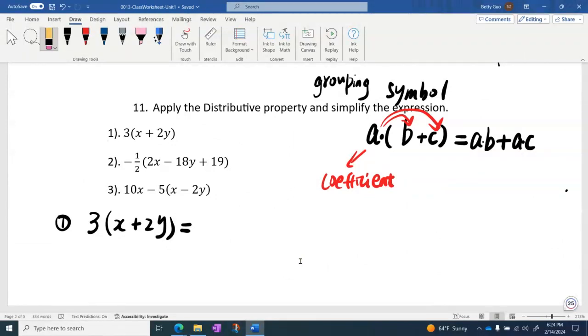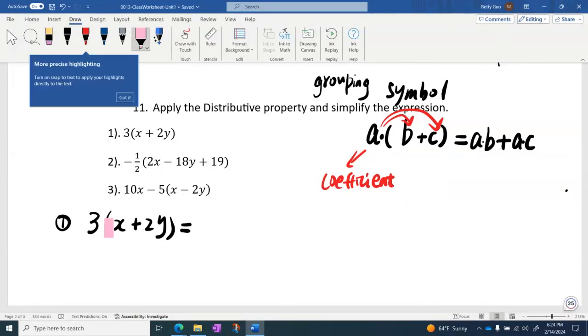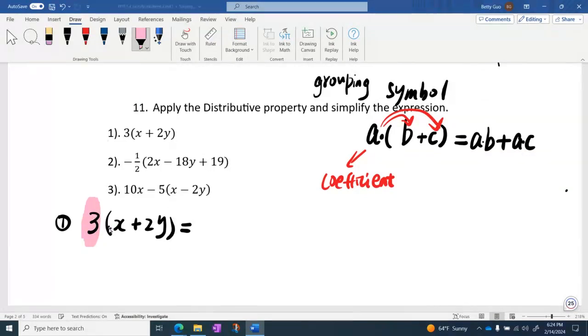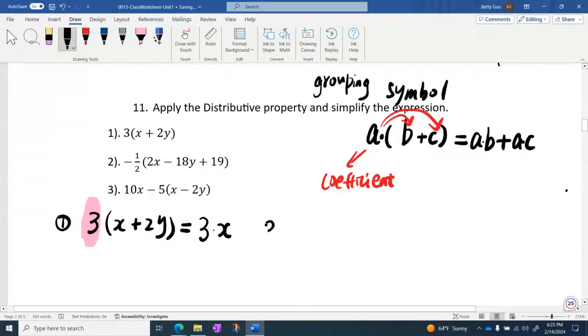Okay, so the coefficient here is 3, right? The benefit here is 3. So we are going to apply the distributive property, distribute the 3 to each member. We multiply the first term by 3. And then we multiply the second term by 3.